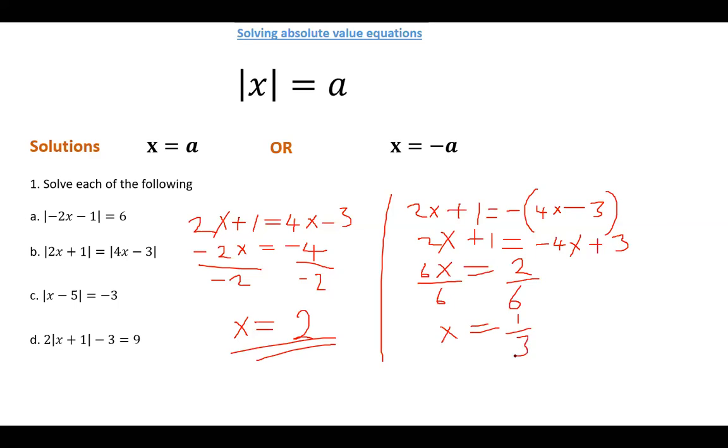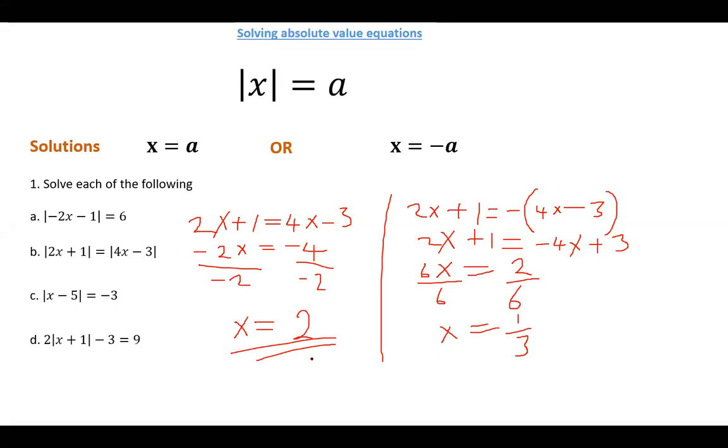So these are the two values of x. You can try to put them there, test them, and see if you are going to get the same answer. The one that proves the equation is your answer. Put 2 there: you're going to have 4 plus 1, which is 5. Put 2 there: you're going to have 8 minus 3, which is 5.